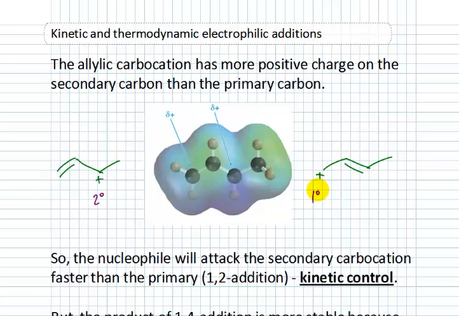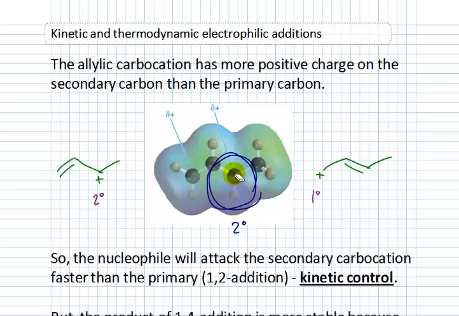Normally, secondary carbocations are more stable because they have more carbons around them that can donate a little more electron density to them. So this picture right here actually shows us that there is more positive character, more positive charge on this secondary carbon than there is on the first.